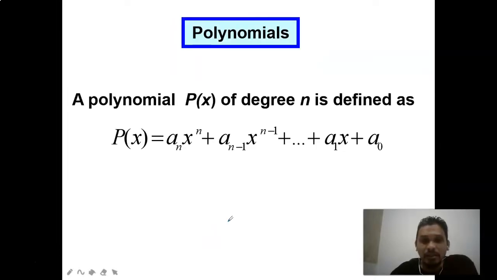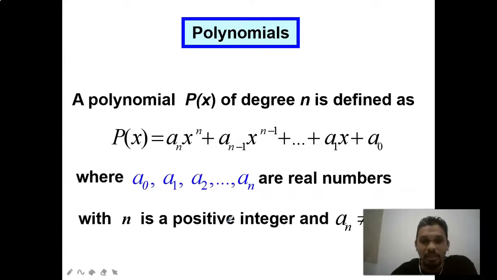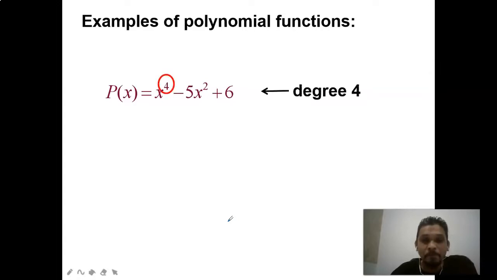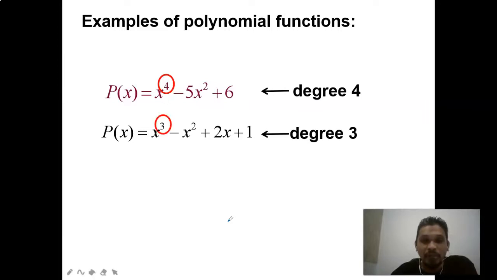A polynomial p(x) of degree n is defined as mentioned here, where a0, a1, a2 are real numbers, n is a positive integer, and a_n cannot be equal to 0. Example of polynomial: this one has the highest degree of x equal to 4, and this is a polynomial with the highest degree of x equal to 3 and x equal to 2.